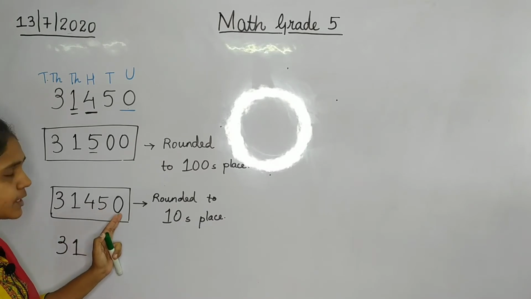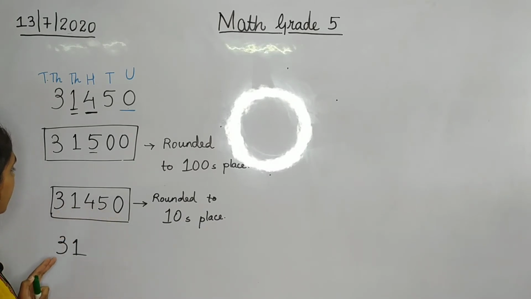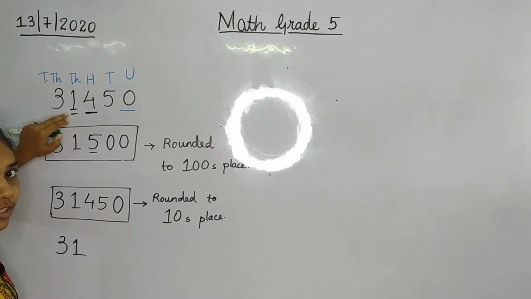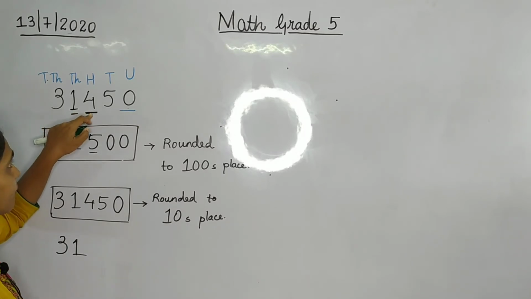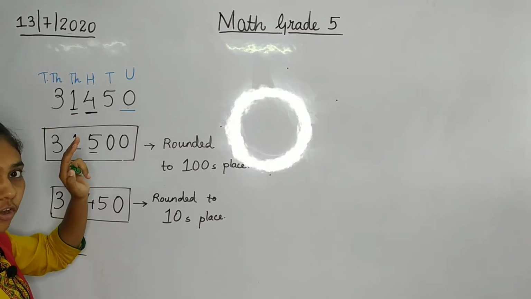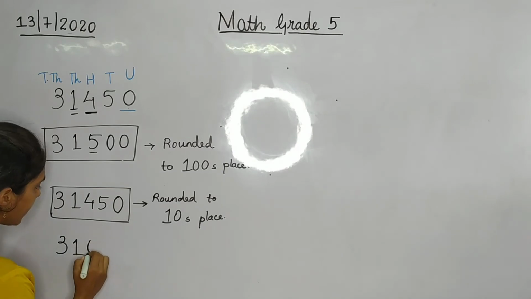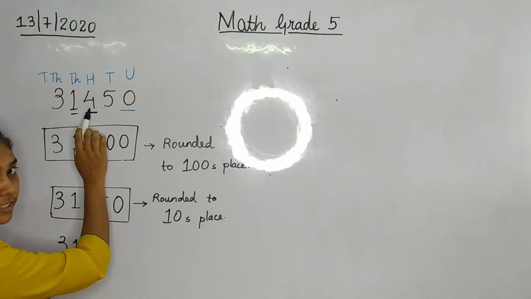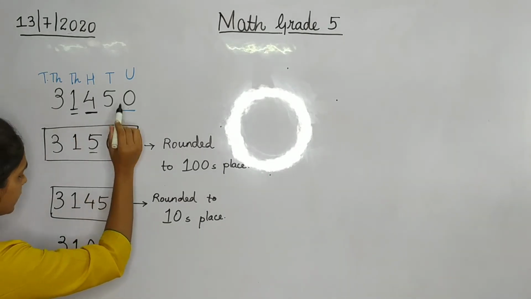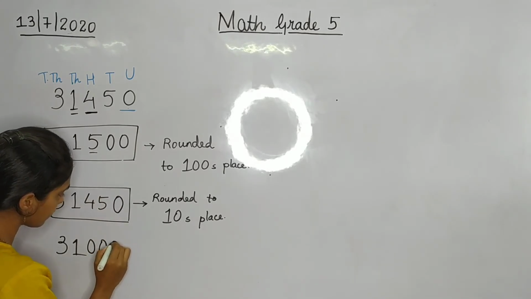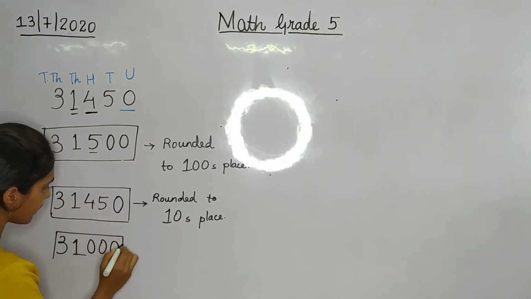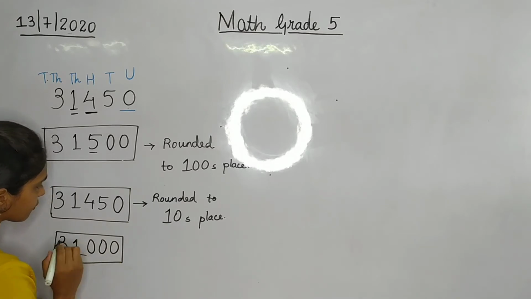So the number after the tens place is 0. And here, if we are rounding off to the thousands place, then the numbers after the thousands place will be all zeros. Okay, so 3, 1. How many digits are there after 1? 1, 2, 3. So we put 3 zeros. Okay, so this is the rounded off number to its thousands place.